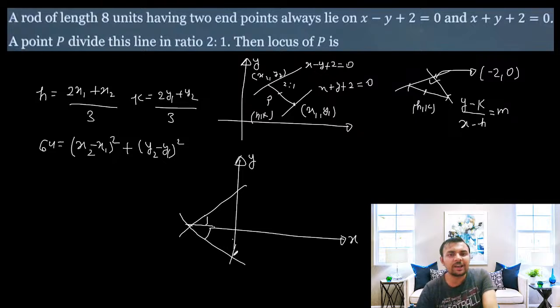So a line should be passing. So how to find? A line is like this. This is h comma k. So this is 90 degree, 45, 45.